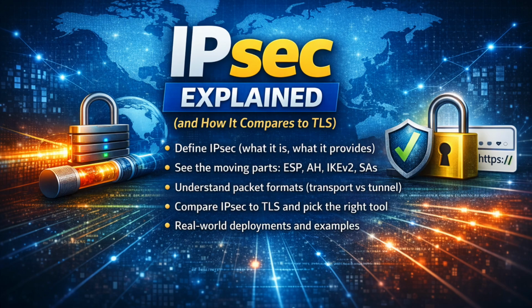After that, we'll get concrete and look at what an IPsec packet looks like on the wire in both transport and tunnel mode. Finally, we'll compare IPsec to TLS, because they're often confused. And we'll close with common use cases like site-to-site and remote access VPNs. Let's dive in.